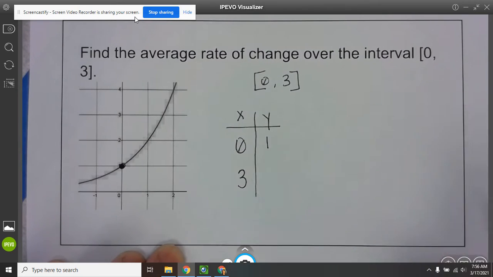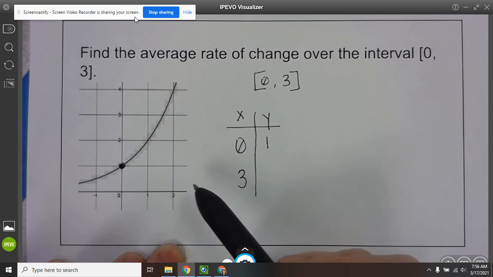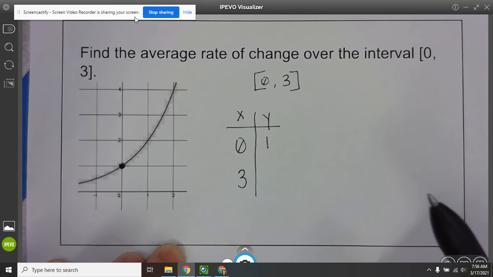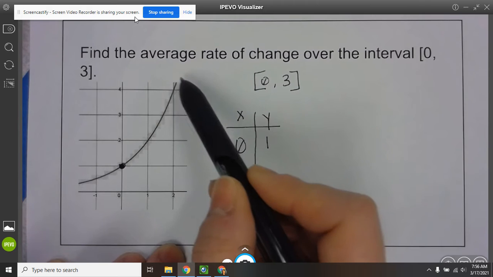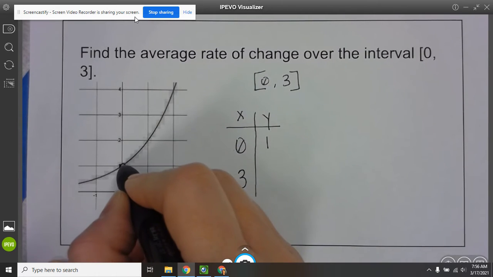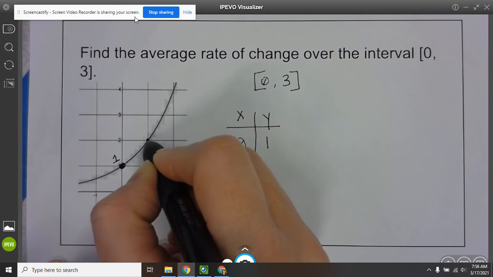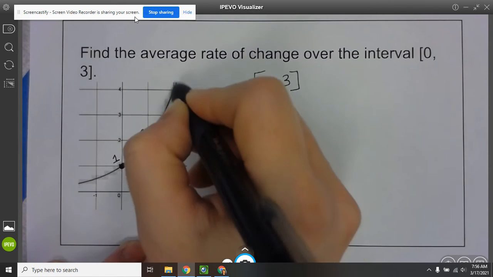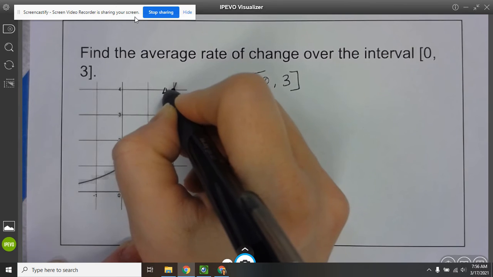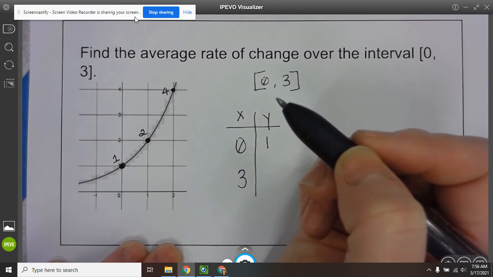It's 0, 1. But I don't see 3 on my graph. But that's okay because I see that this is an exponential curve. And if I look here, I'm going from a y value of 1 to a y value of 2 to a y value of 4.